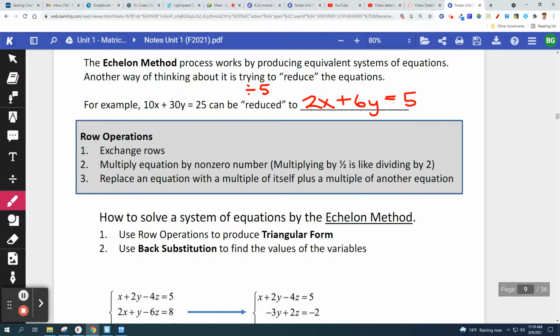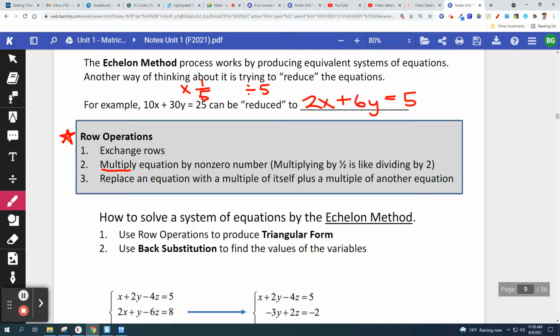Row operations, this is kind of the rules of the game and what you're allowed to do. You are allowed to exchange rows. You are allowed to multiply an equation by a non-zero number. That's kind of what we just did, all right? Now, one thing to notice is there is no such thing as division. So technically, when I said divide by 5, in order to follow these rules, we would have said times 1/5.